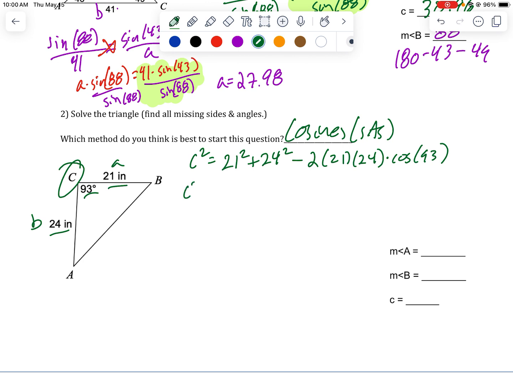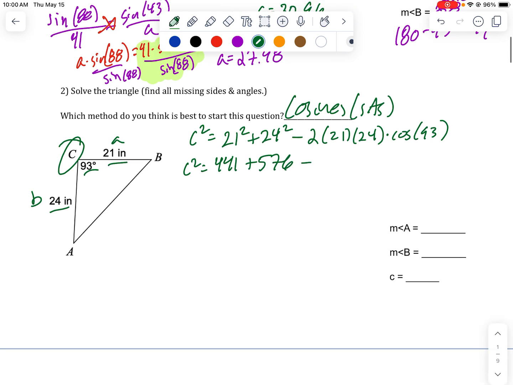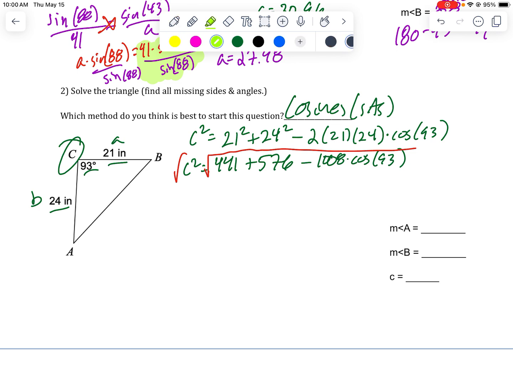So C squared equals 441 plus 576 minus 1008 times the cosine of 93. I want to leave this as exact as possible. So I'm going to take the square root of both sides from here and plug this whole thing under the square root into my calculator.